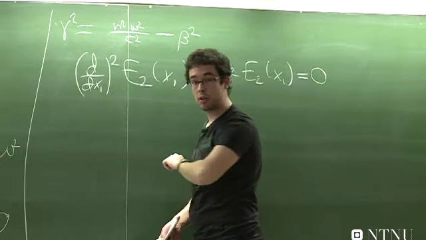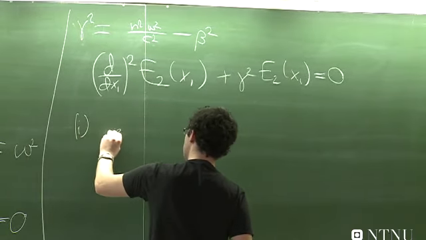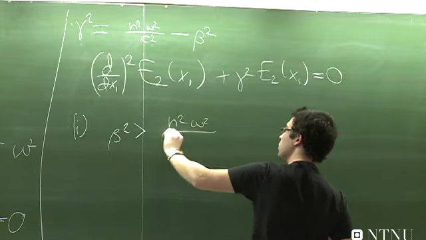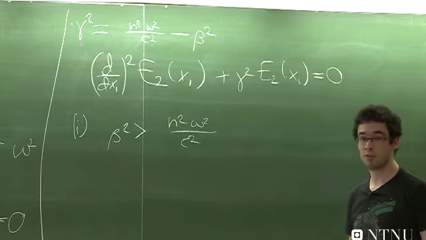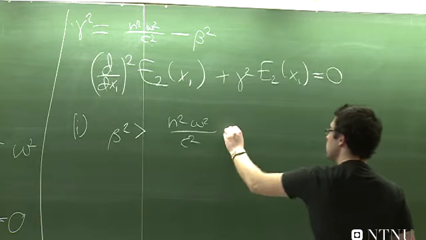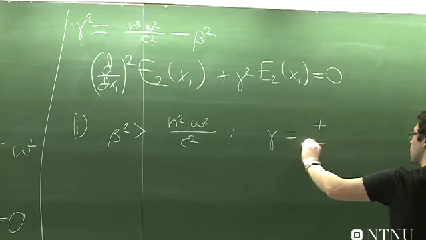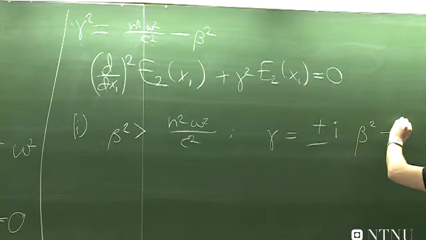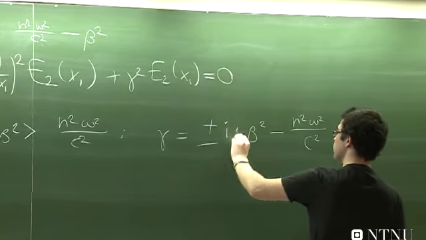Although we have to consider the two cases here of gamma. So the first case is beta square larger than n square omega square over c square. In that case, gamma square is negative, meaning that gamma itself is purely imaginary, which gives a gamma of plus minus I times the square root of beta square minus n square omega square over c square.